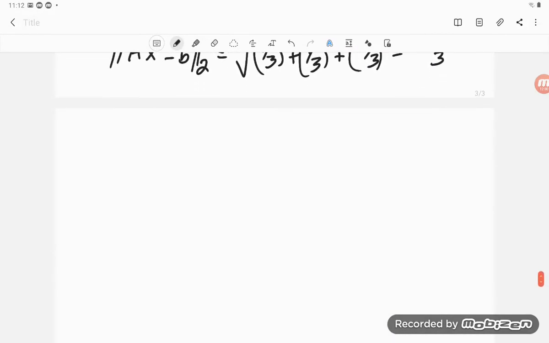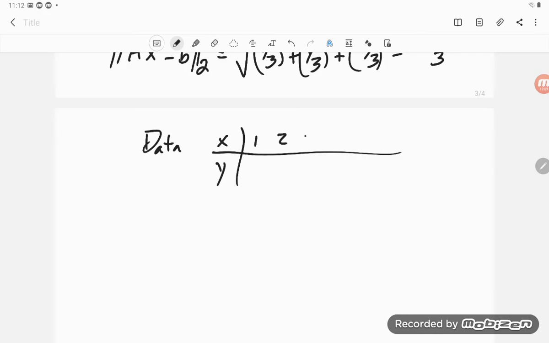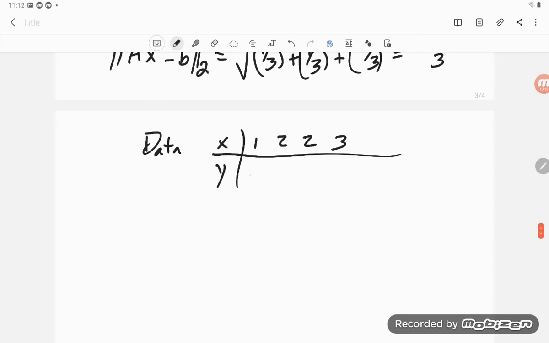And so, for instance, suppose I have the data x and y, and x is 1, 2, possibly even a 2 and a 3, something like that, and then y is maybe like 2, 3, 4, and 4, something along those lines.